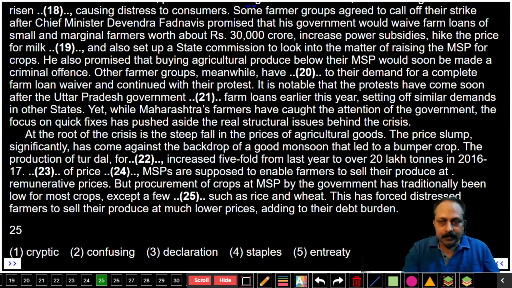25. But procurement of crops, again the same word has been used, but procurement of crops at MSP by the government has traditionally been low for most crops except a few, such as rice and wheat. In our country, there is a particular word that goes with agriculture and food. When a lot of people have a particular type of food, it is called staple food. If you go to the north, they have wheat, chapatis and all.